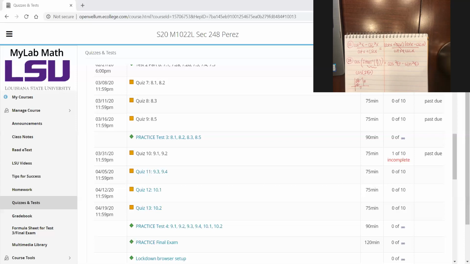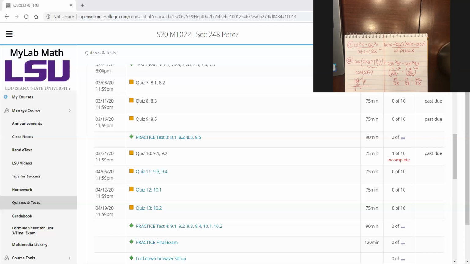Okay, so cosine is 7 over the square root of 58, squared, minus sine, which is 3 over the square root of 58, squared. So this is going to be 49 over 58 minus 9 over 58, which is equal to 40 over 58, which can be simplified.